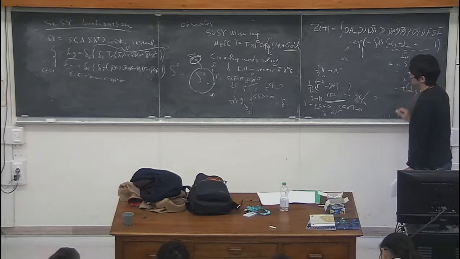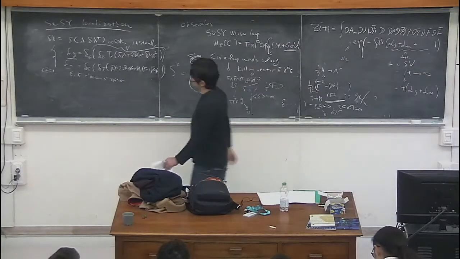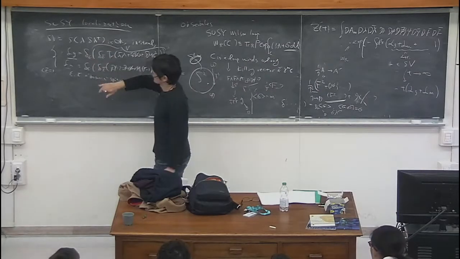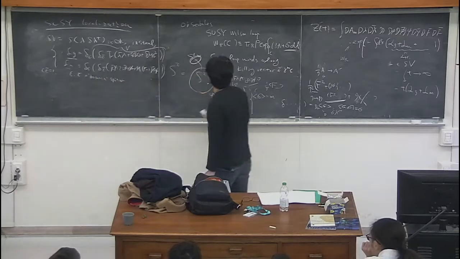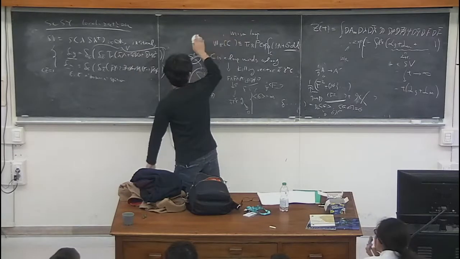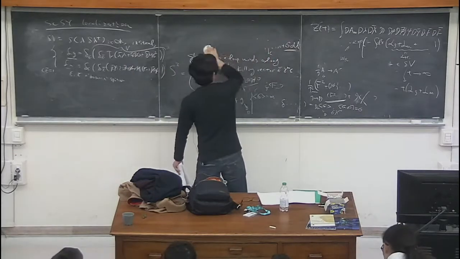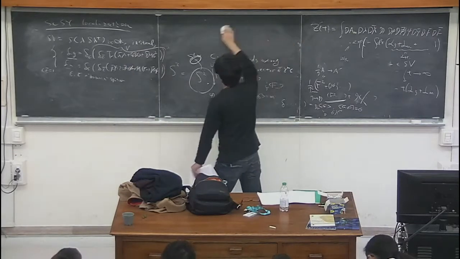Actually, this gives a slightly different one for the chiral multiplet, but this also works. This is standard on S3 in the literature.